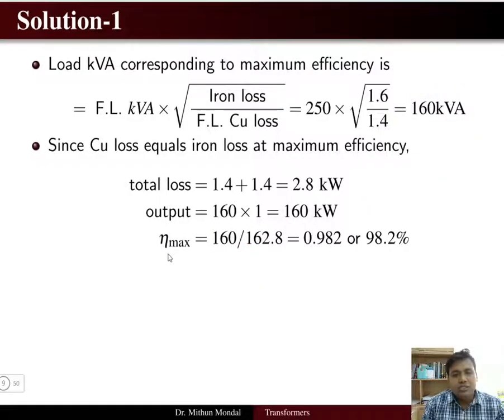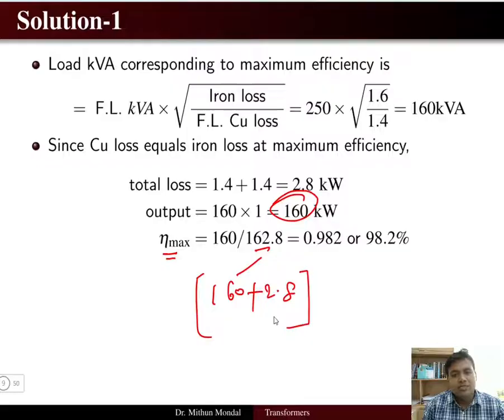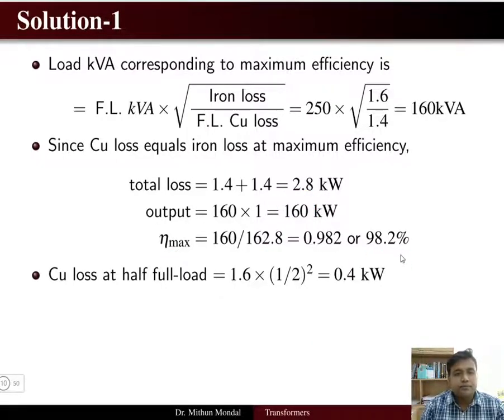Then the efficiency under the maximum condition is the power output, that is 160 kilowatt, divided by the power input. The power input is basically power output plus the losses. So the maximum efficiency comes to be 98.2%.